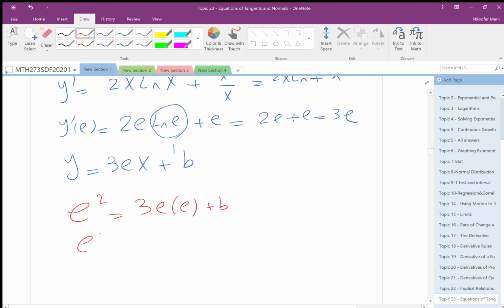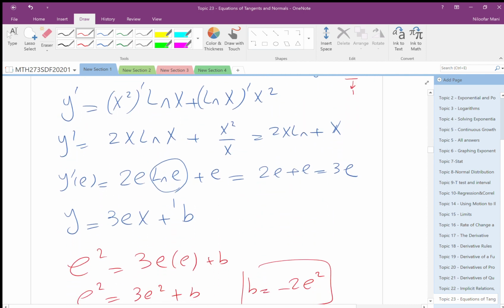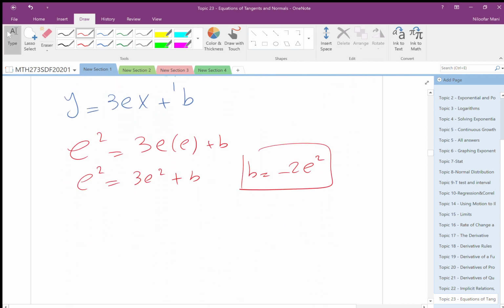So e squared equals 3e squared plus b. So what is b then? B is minus 2e squared. Am I right? 3e squared minus 2e squared is e squared. Yes. So the answer is y equals 3ex minus 2e squared.